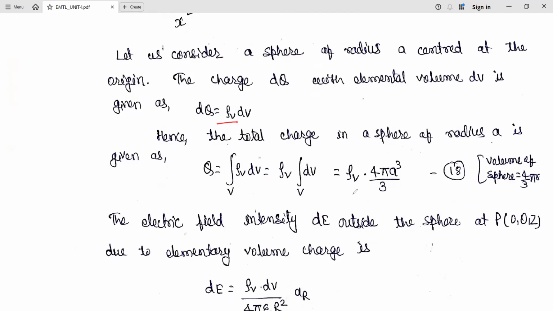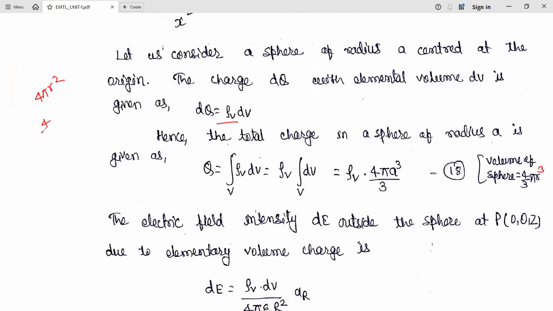Finally, the volume: we have already considered that this sphere has radius a. You know the volume of a sphere is 4 by 3 pi r cube, and the area is 4 pi r square.